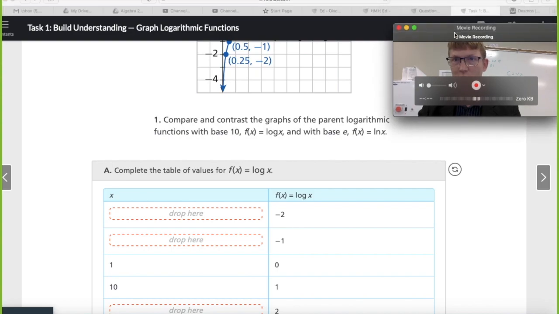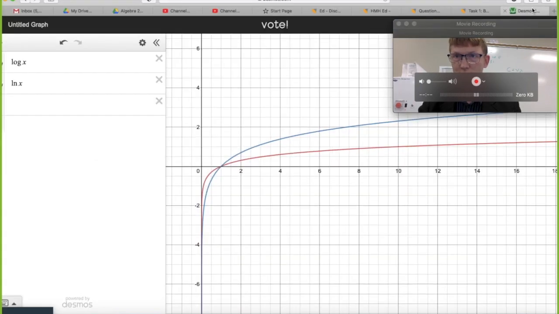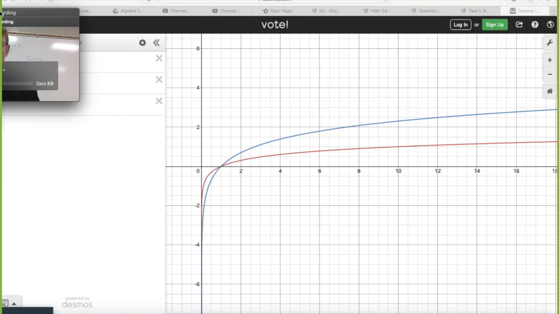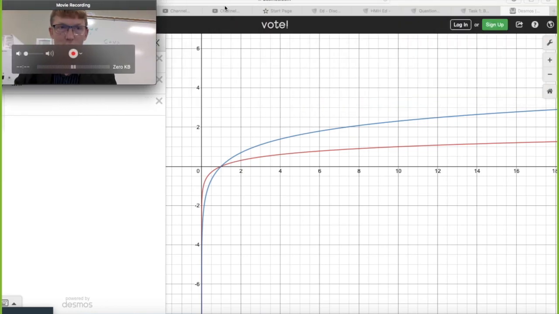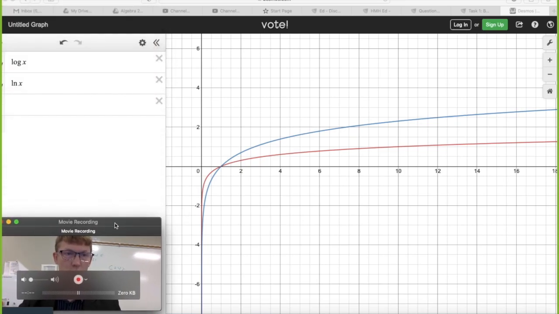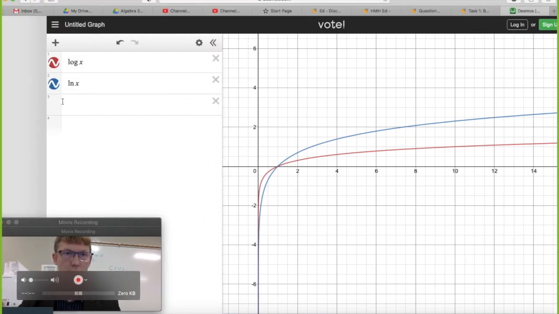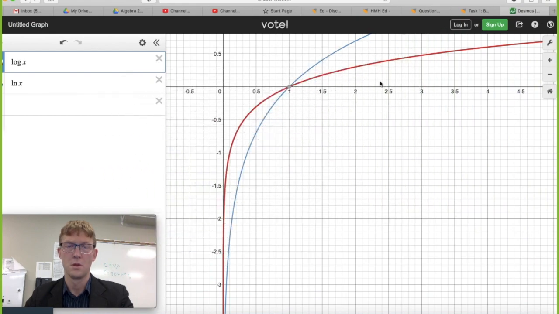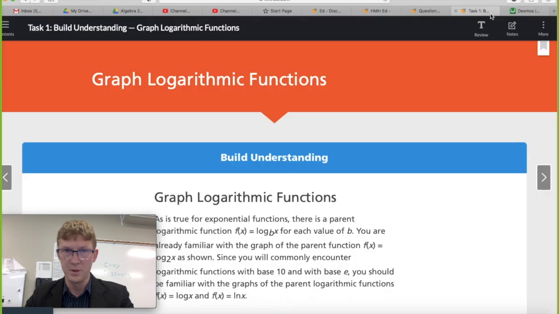Instead of using the graphing calculator function, I used Desmos because I think the graphs are prettier. My red function is log of x. My blue function is natural log. Let's use our graph to answer some of their questions.